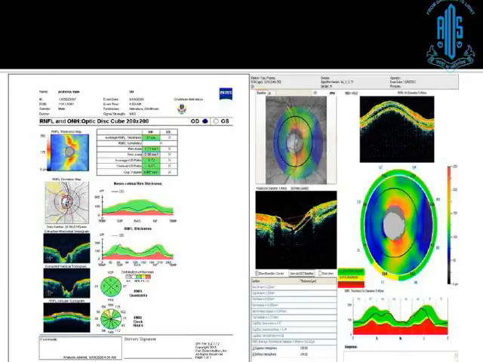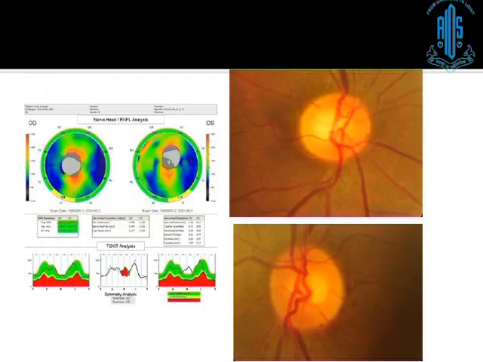Look at this. A large CD ratio. This is the optic nerve head of a patient, the right and the left eye. And look at this. Again, all 5 OCT machines which are available, everyone says that it has a horizontal of almost 0.9, and vertical is also significantly large, because how it identifies the margin of the disc is important.